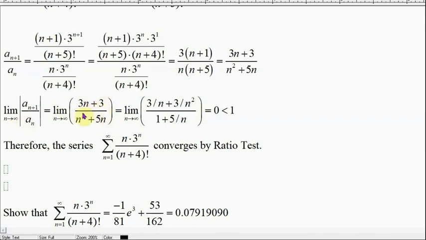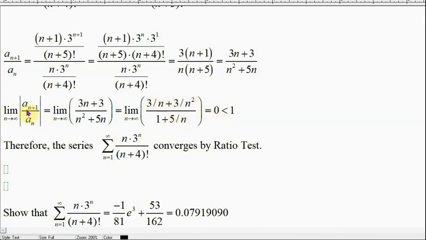Then divide each term by n squared. 3n divided by n squared is 3 over n, and then 3 over n squared. n squared divided by n squared is 1. 5n divided by n squared is 5 over n. As n approaches infinity, each term up here approaches 0, and 5 over n also approaches 0. And so for the whole thing we get 0.